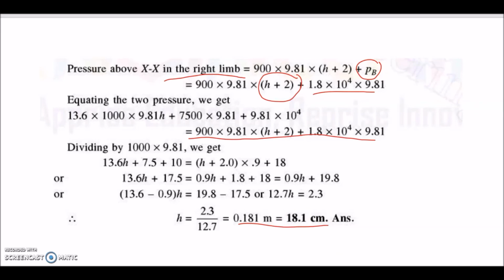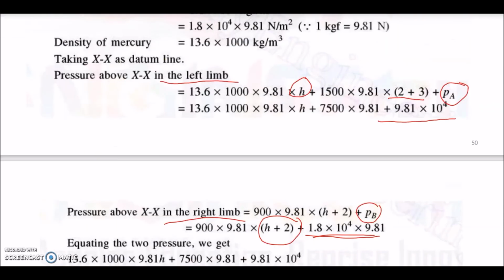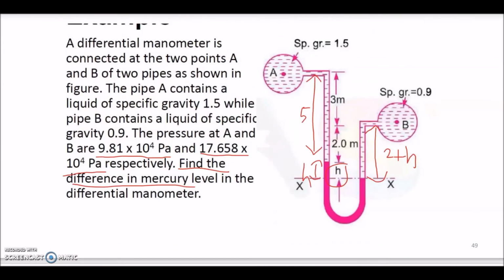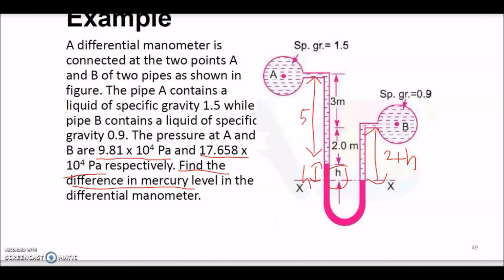Okay, for this one, actually there is a small error at PB. The question gave that the PB is different from this value. So it's okay, you just use this value and change it at the question. So this one is 1.8 times 10 to the power of 4.